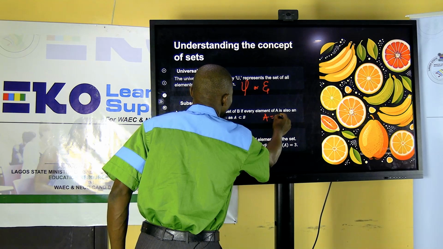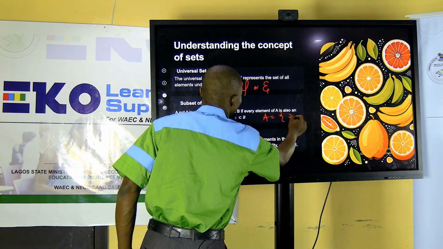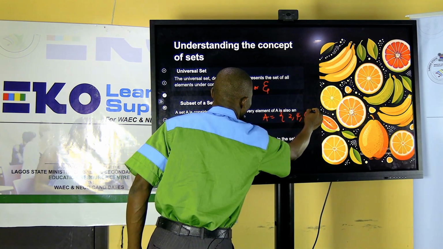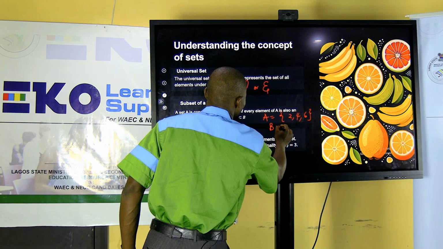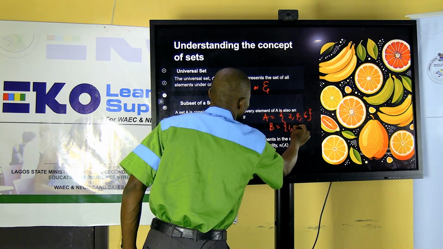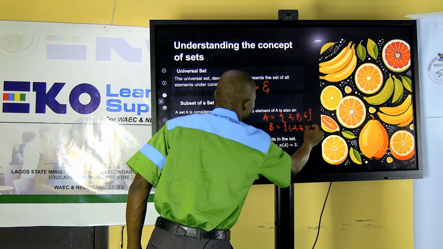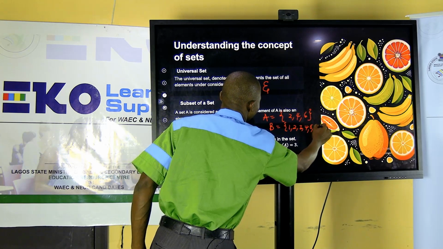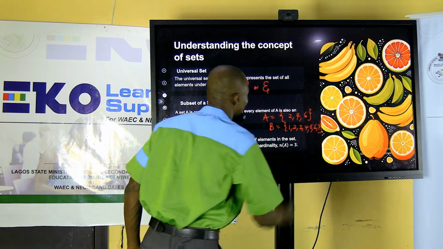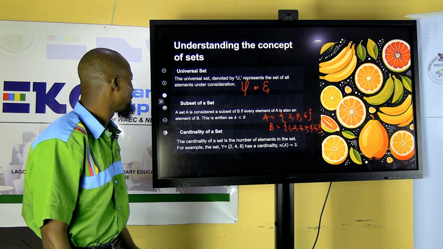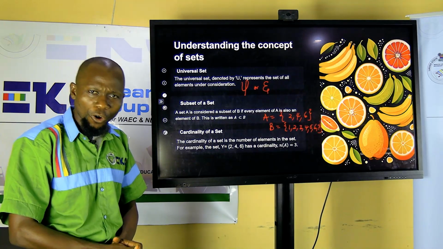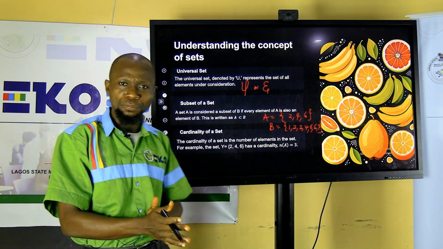Now, how do we do that? For example, A could be the set 2, 4, 6, and set B be the set 1, 2, 3, 4, 5, 6, 7. All right. So from here, let's check. All elements in A, are they also in B?